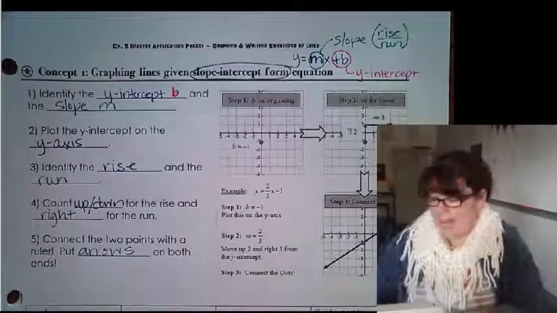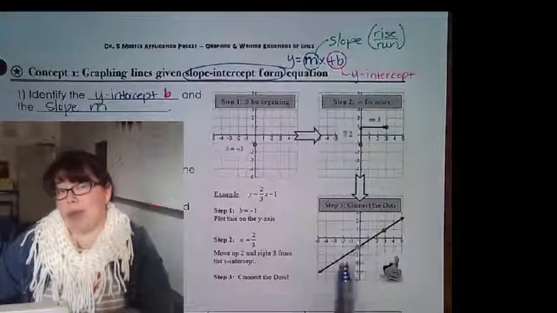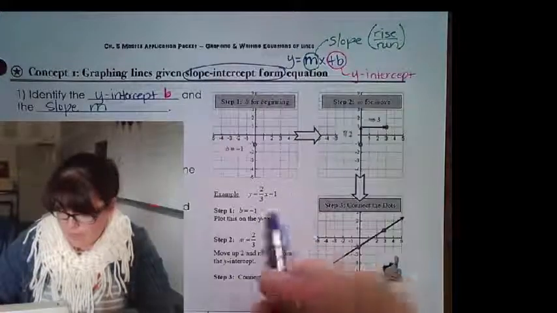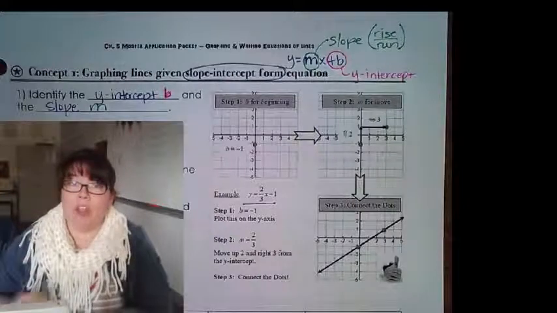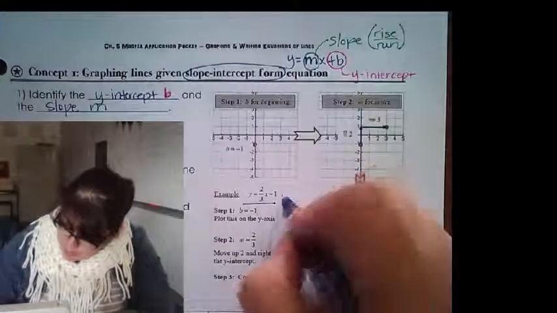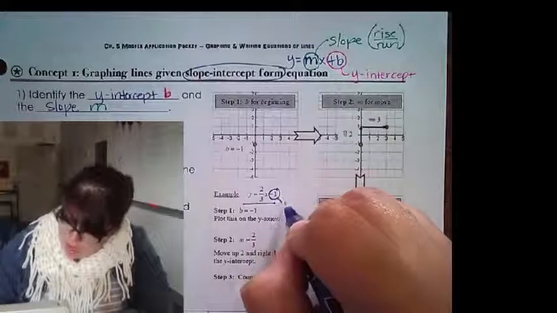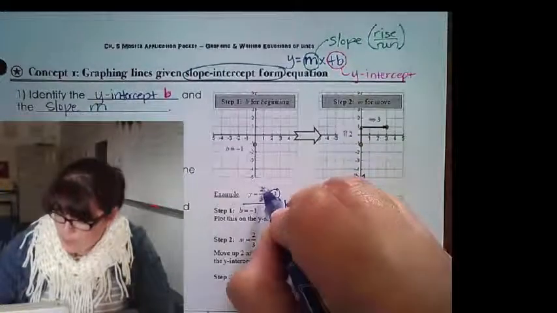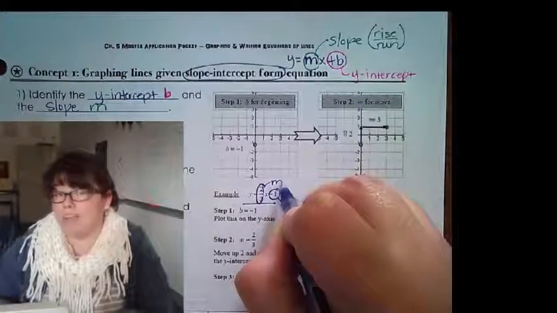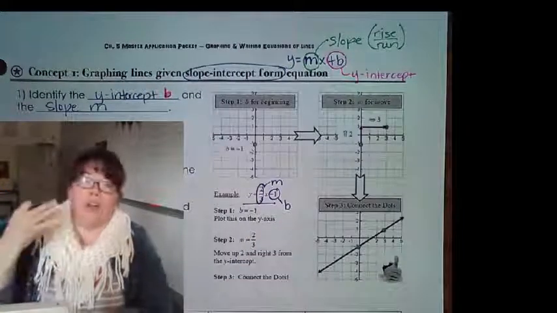Another way to think of it is just this three-step process. If you look here at this example, y equals 2/3 x minus 1, if you think of this b value as your beginning value and the slope as your moving value, then you can follow these three steps.